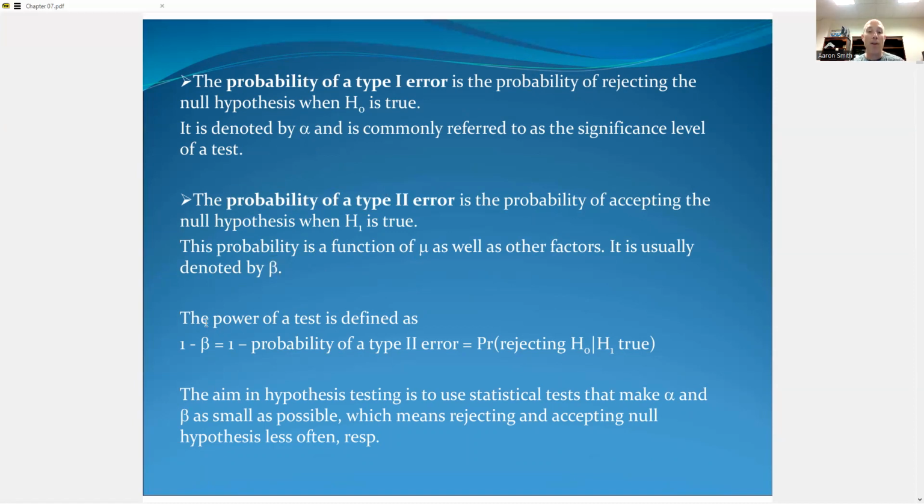The power of a test is defined by 1 minus beta, which is equal to 1 minus the probability of a type 2 error, which is equal to the probability of rejecting the null hypothesis, given that the alternative is correct. The aim in hypothesis testing is to use statistical tests to make alpha and beta as small as possible, which means rejecting and accepting null hypotheses less often.